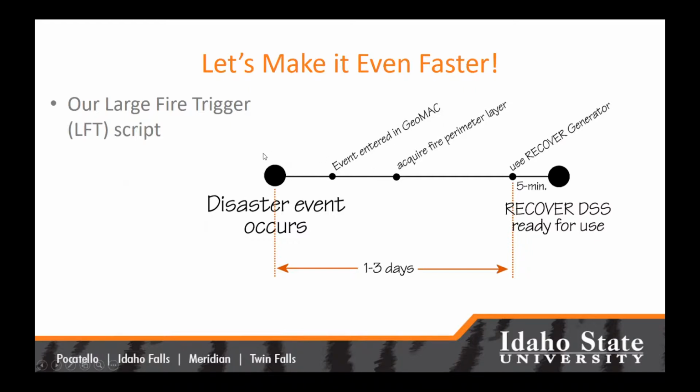So we have a fire ignition, a disaster event occurs. Eventually, and usually in fairly short order, that data is entered into GeoMac and similar sites. We'll then acquire that fire perimeter layer, download it, run it through the generator, and within that same 5 minutes, we'll have a Recover DSS ready for you.